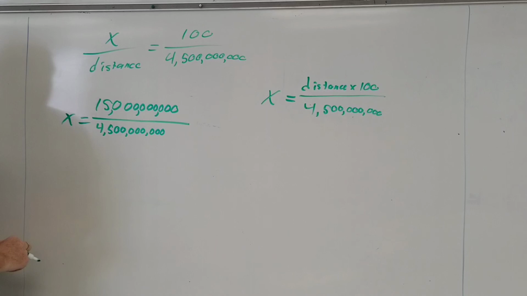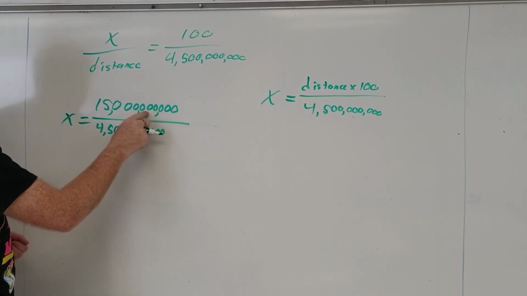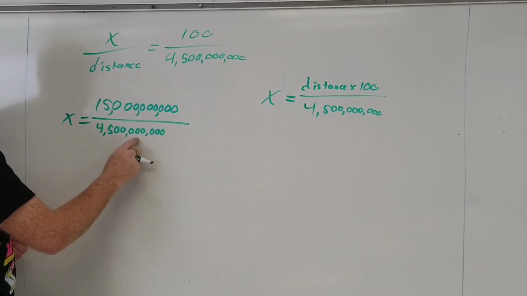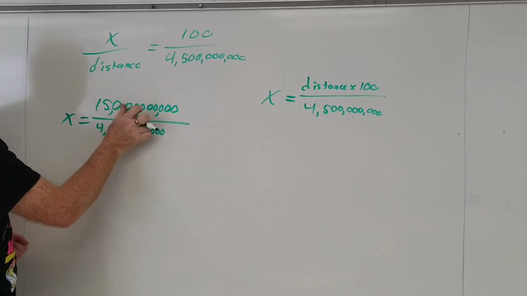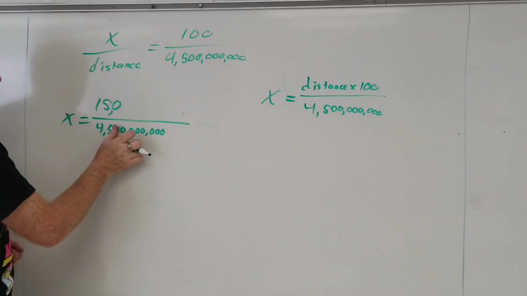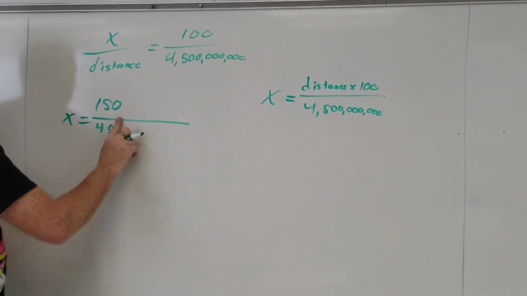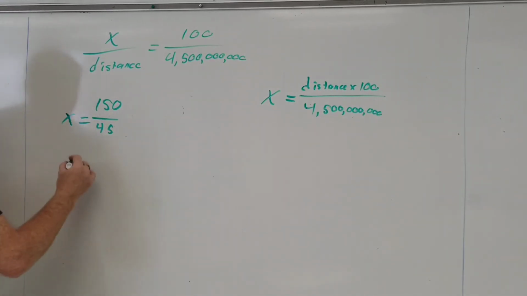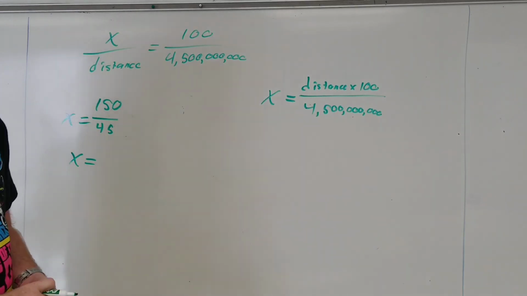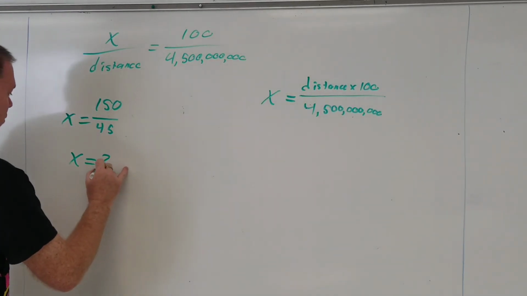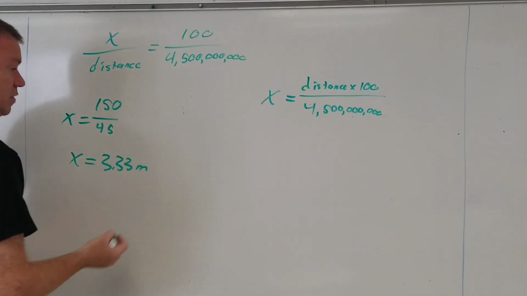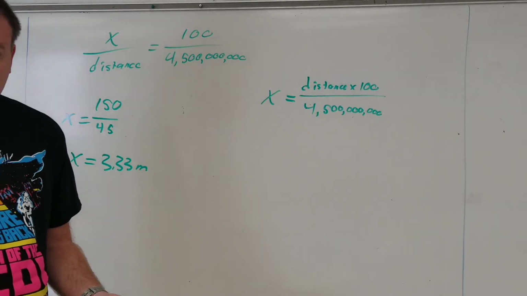And if we get rid of all the zeros they have in common again, we only have 8 here, so we have to keep that last zero, so we make it 150 divided by 45. If you do 150 divided by 45, x equals 3.3 forever, 3.33 meters. So that would be the distance to Earth.